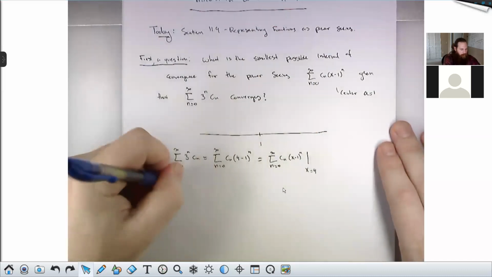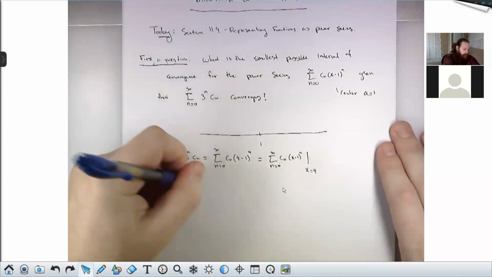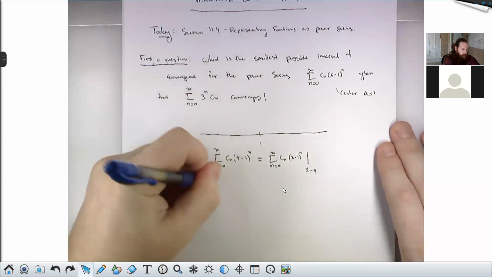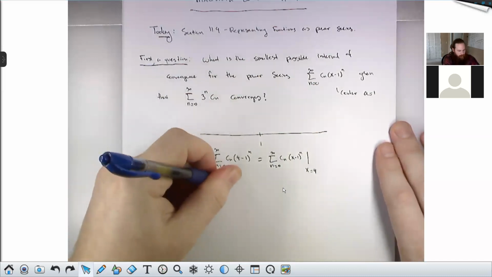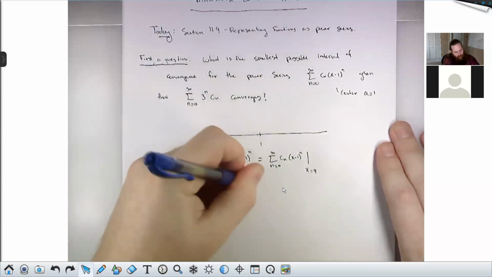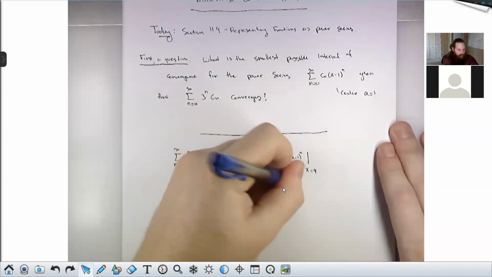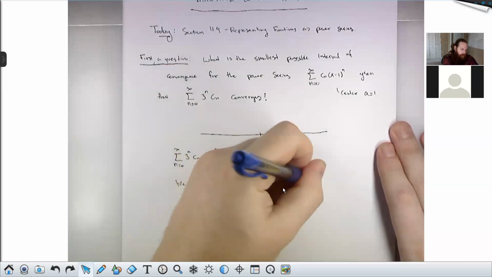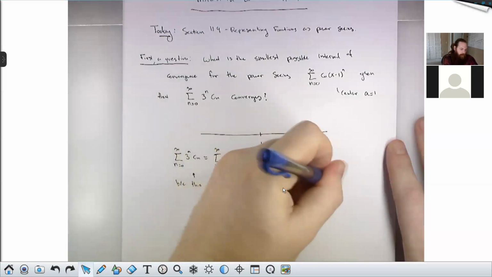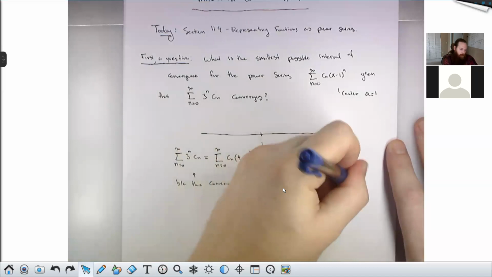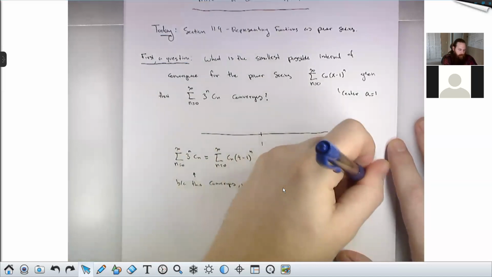So because this converges, we know that x equals 4 is in the interval of convergence.